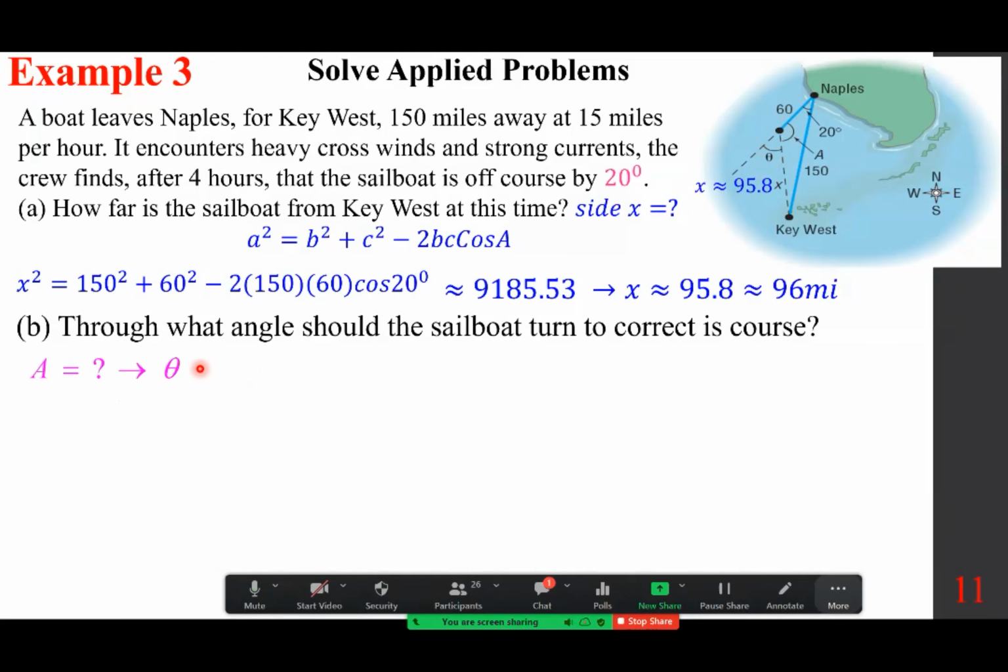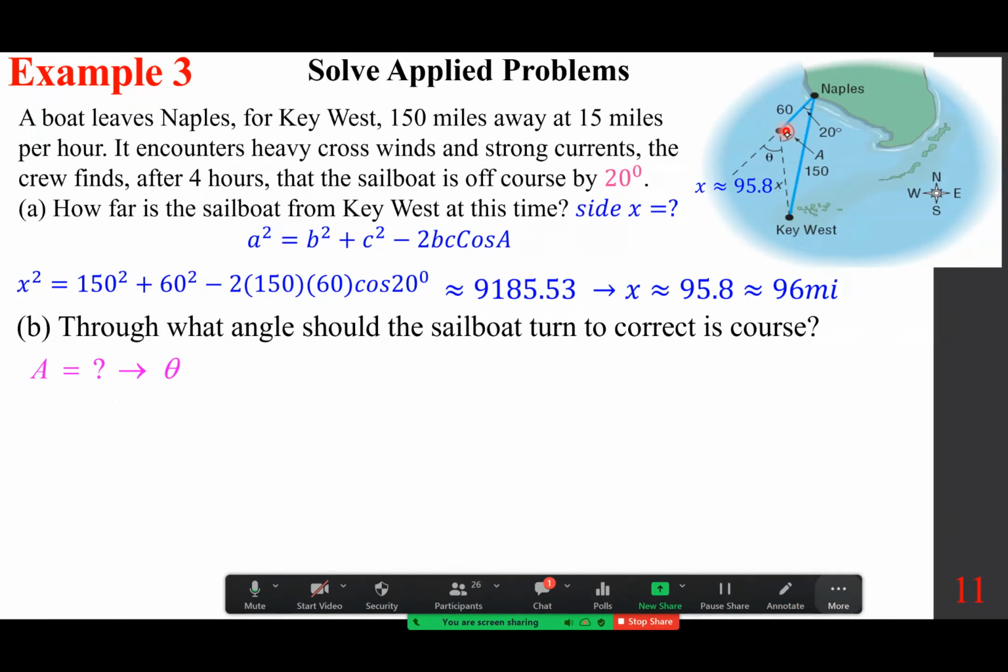So again, we're going to use the same formula. And this time, remember, we want this angle A. So everything else is given. What do I mean? All sides, this side is given, this side is given, this side is given. So we can find any of the angles. By the way, you can even use the sine law, but we want to stick with the cosine law for the sake of the section.